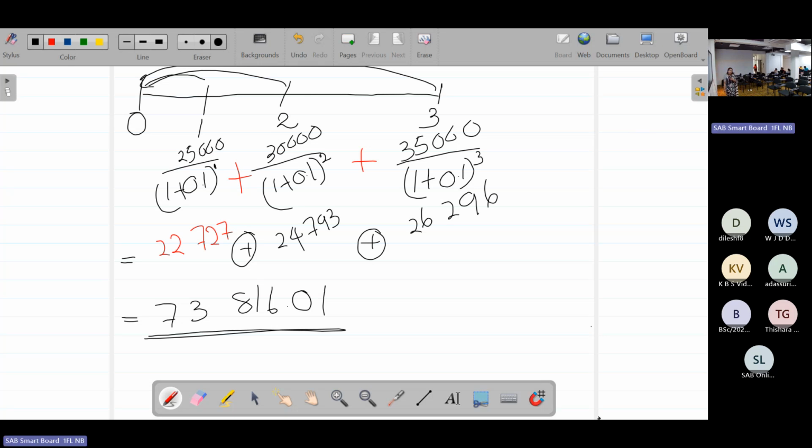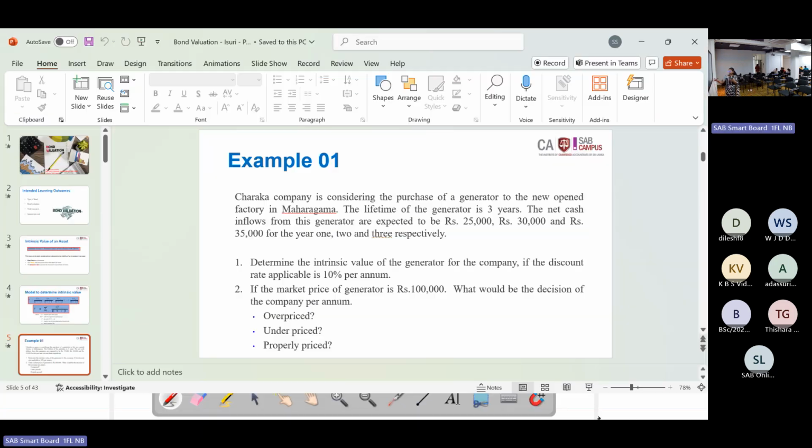So what's the trading price? The asset is trading at which price? The question itself gave it to us. It's trading at 100,000.